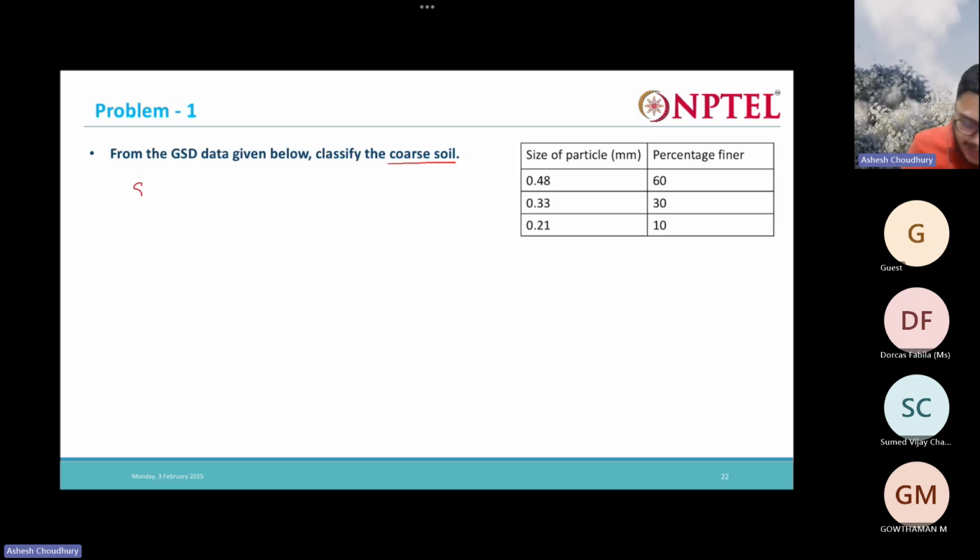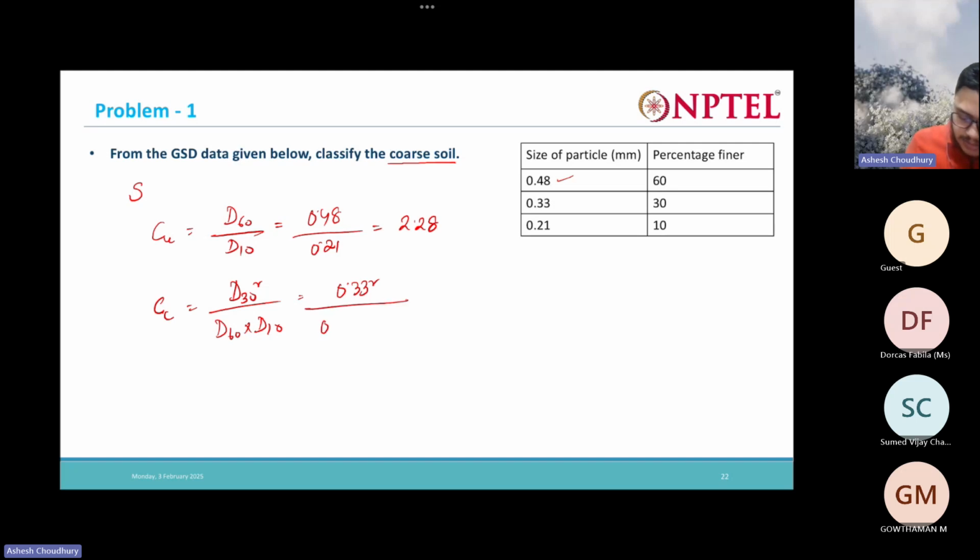Then we have to decide whether it's well graded or poorly graded. For that you have to find the coefficient of uniformity and coefficient of curvature, Cu and Cc. What is Cu? D60 by D10. D60 is 0.48, D10 is 0.21, so it's 2.28. Now Cc is D30 squared by D60 times D10, which is 0.33.